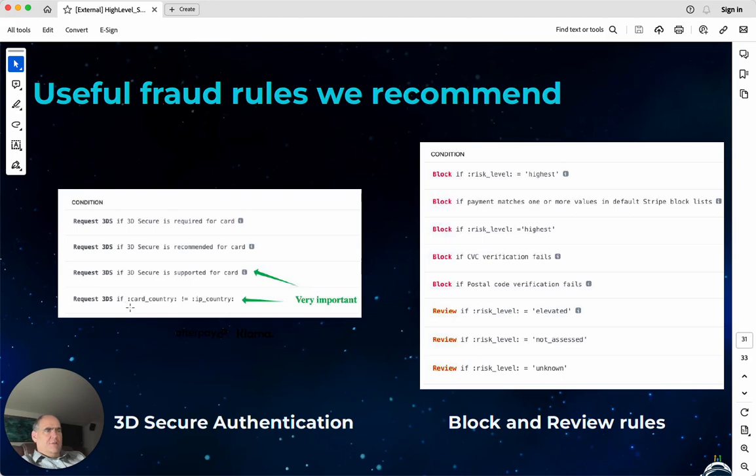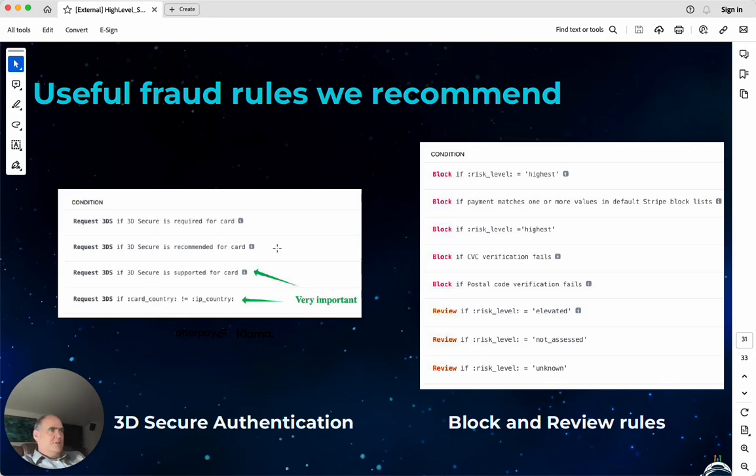And then this one I thought was interesting, the card country. This exclamation means not equal, that exclamation is equal. So it's saying if the card country does not match the IP country, so the IP address of the phone, if the country is wrong for that card, then it's going to request this 3D secure authentication.